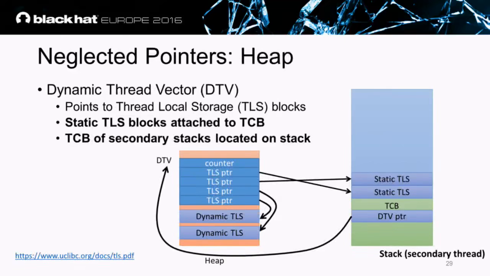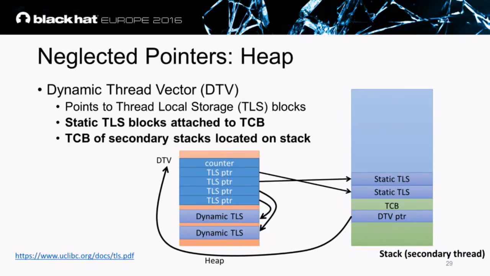So what we found in the heap: we found some thread management related structure, which is called the dynamic thread vector. This contains pointers to TLS blocks, the thread local storage blocks, and the thread local storage corresponds to a module or library.